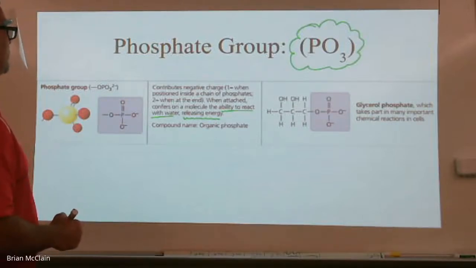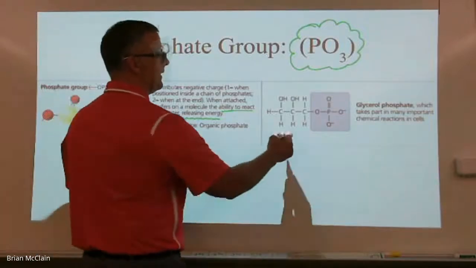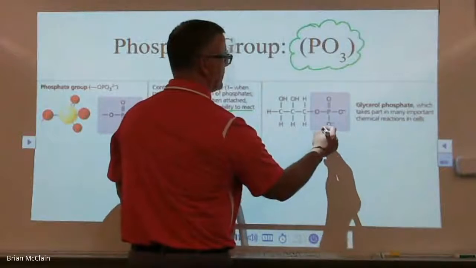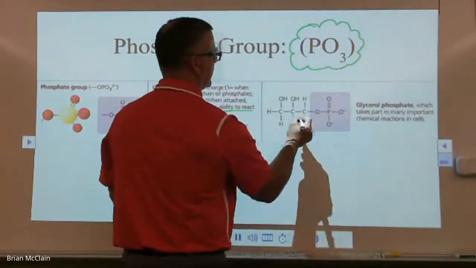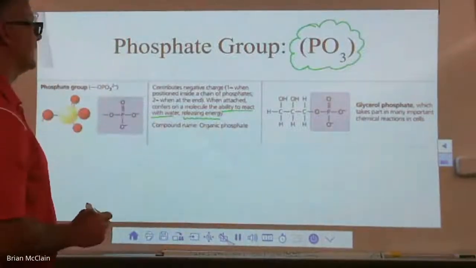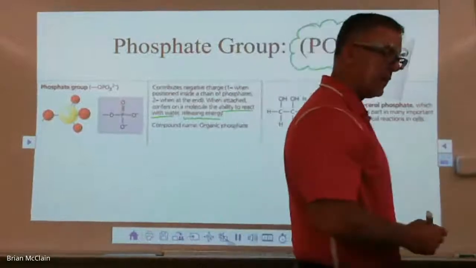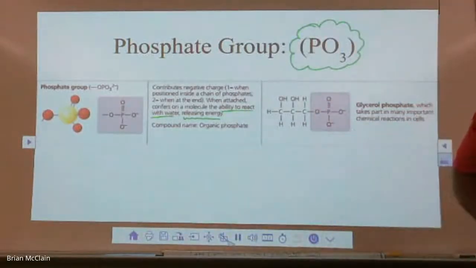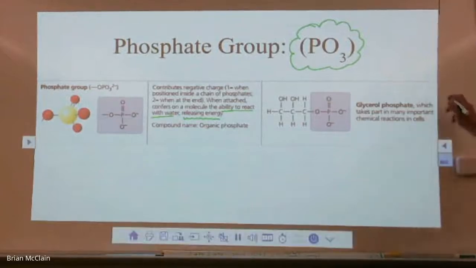In this case right here, this may be written as PO4 because you have the 4 oxygens that are part of that overall linkage. Just make sure you understand that that's the one most often associated with the release of energy.